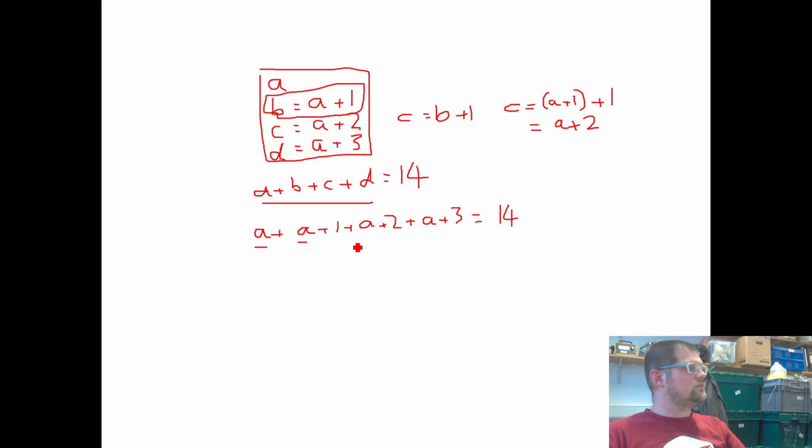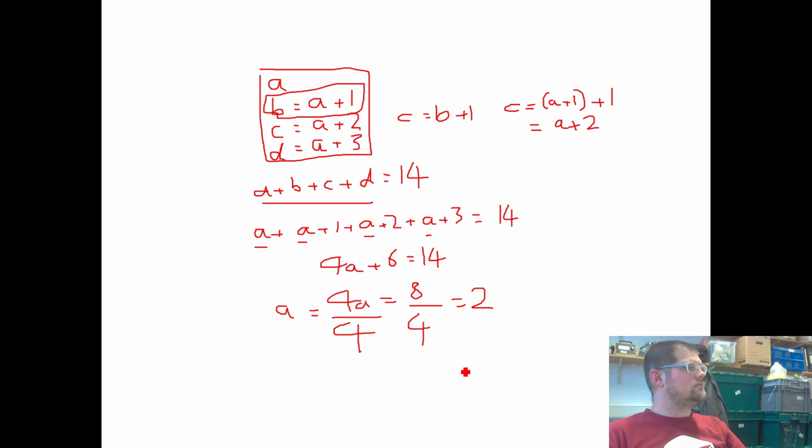So we've got 1, 2, 3, 4 A's, and then 1 plus 2 plus 3, so that can be simplified to 4A plus 6 equals 14. Okay, and then we could take 6 from both sides. 4A equals 14 minus 6 is 8. Yep, and then we divide both sides by 4, which equals 2, and that would equal A.